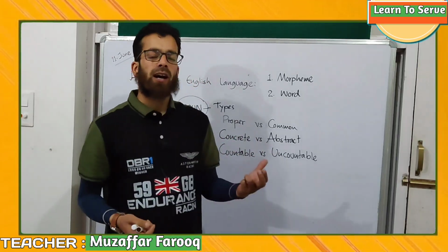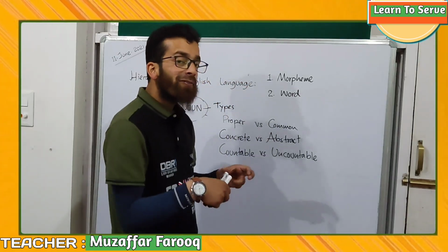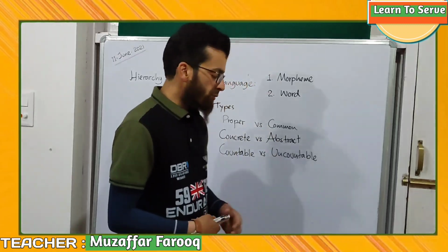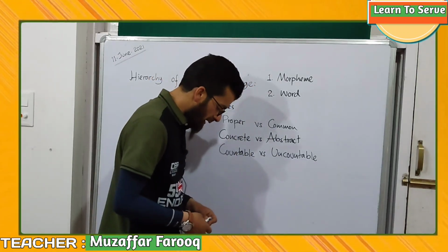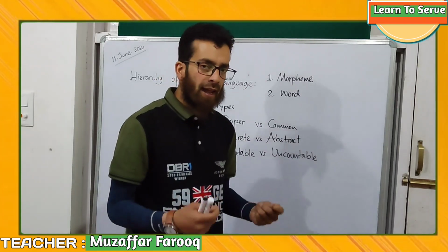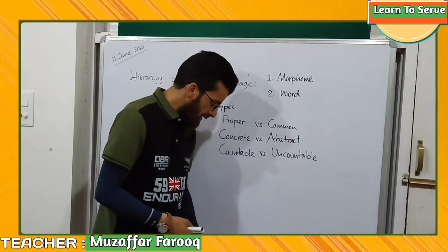They are generally called countable nouns. And those which are not separate units, those nouns you can call uncountable nouns. For example, names of materials, abstract ideas, liquids. So these are uncountable nouns.